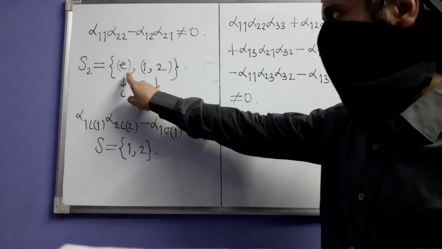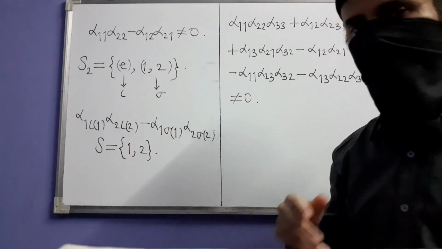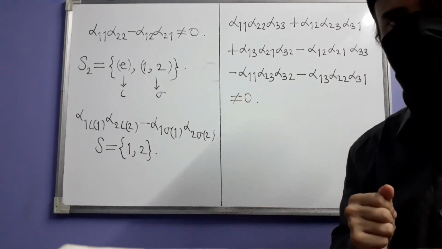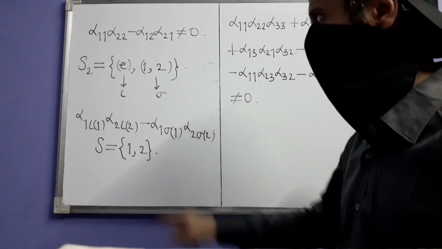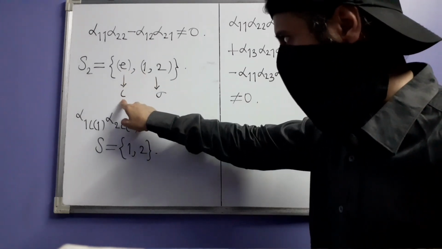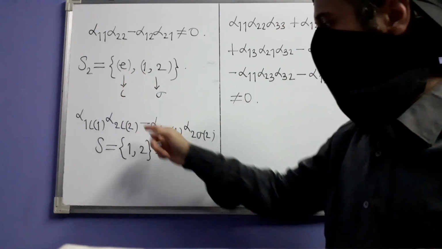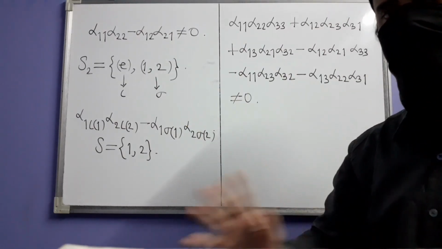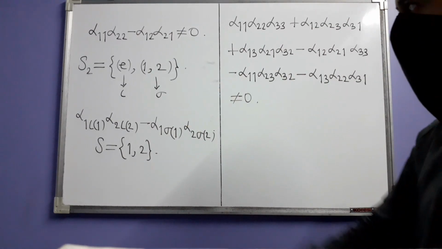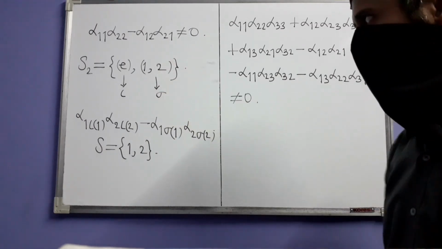So your identity permutation maps, a permutation is after all a one-to-one onto function from S itself, and this function which we are calling iota maps 1 to itself and 2 to itself, so it does not change anything. What does this other permutation do?